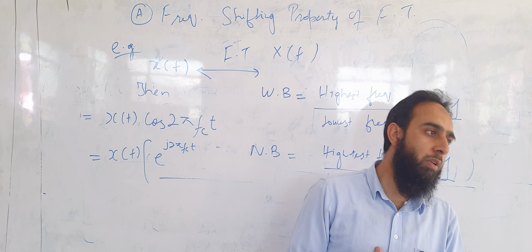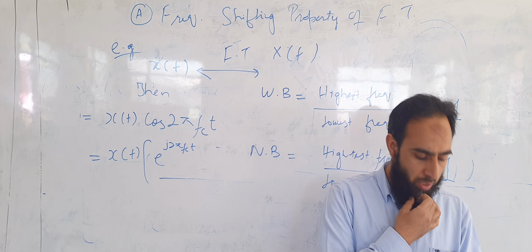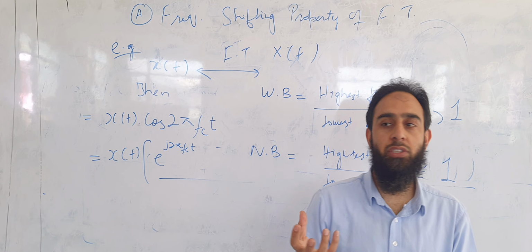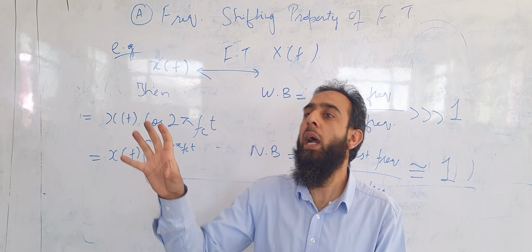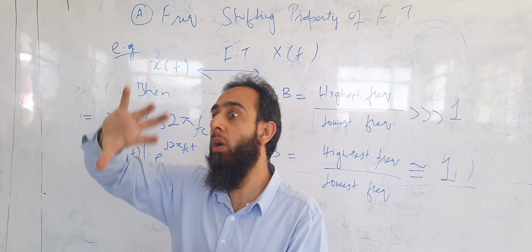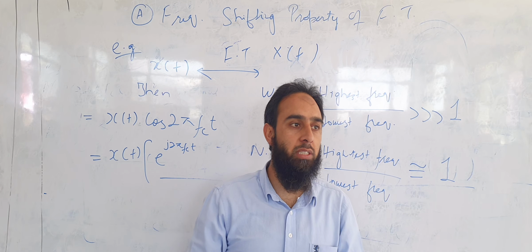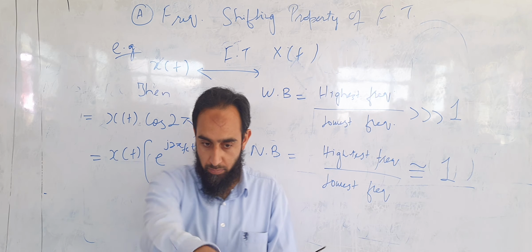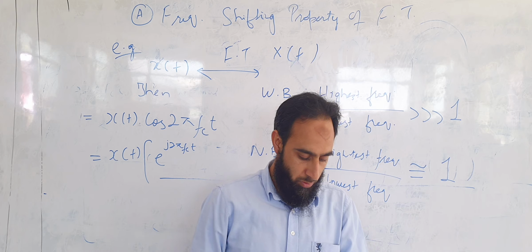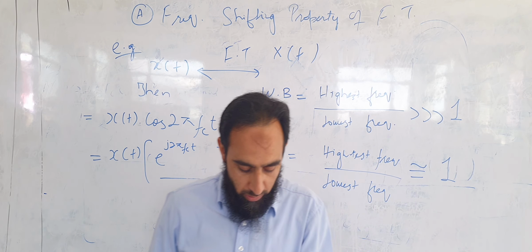So demodulation will always happen on the receiver side. Logical? What do you mean by reconstruction? I extract the message signal from the modulated signal. My message signal will be inside the modulated signal, okay? So reconstruction of the message signal from the modulated signal.